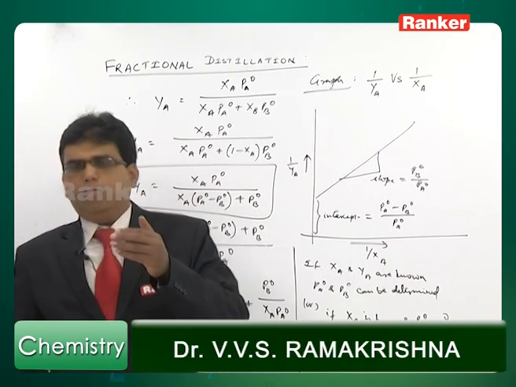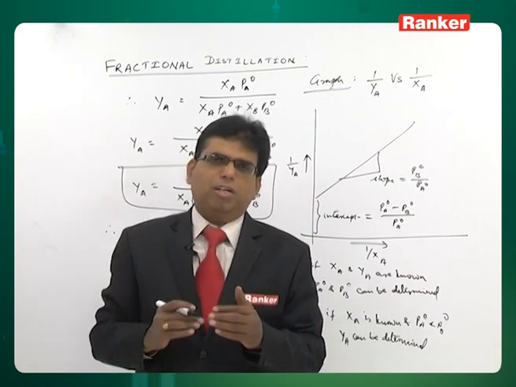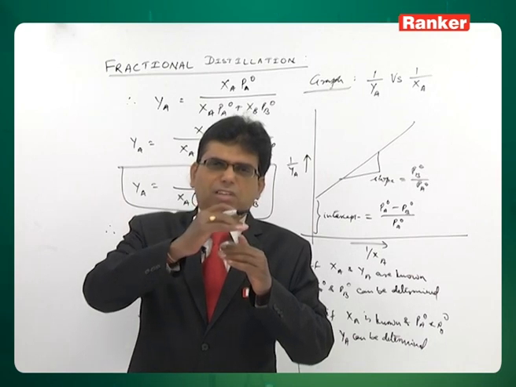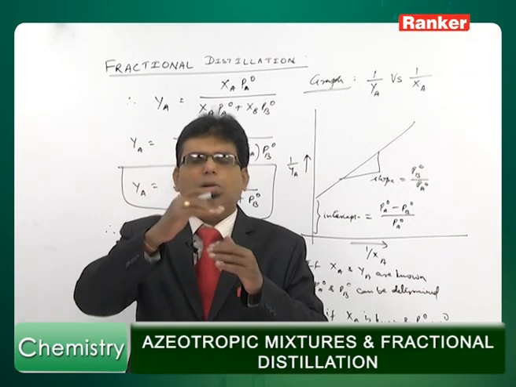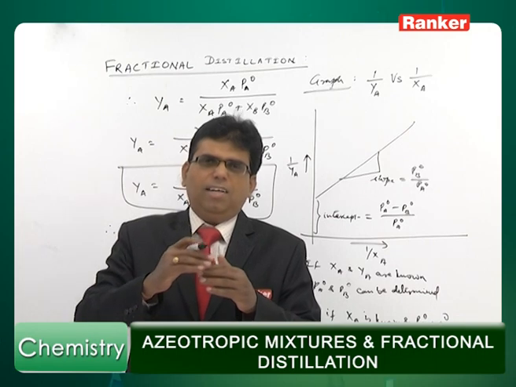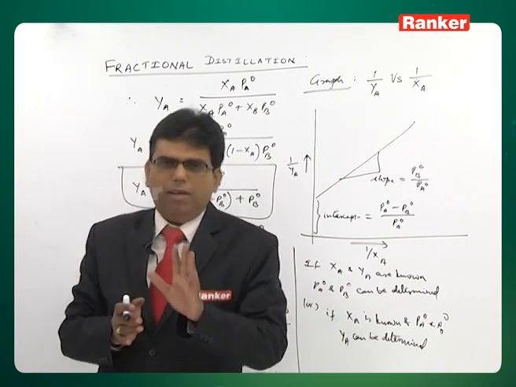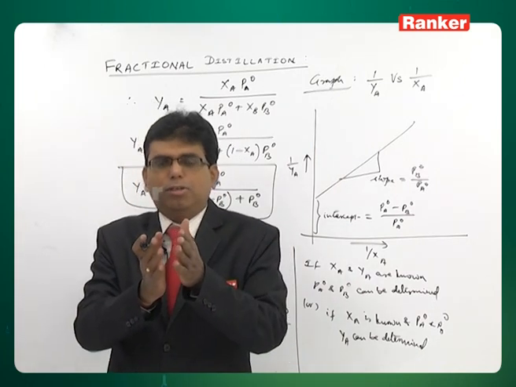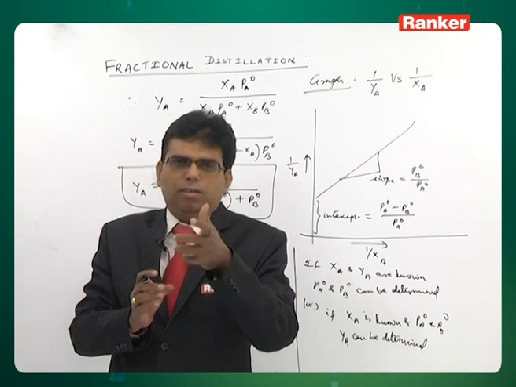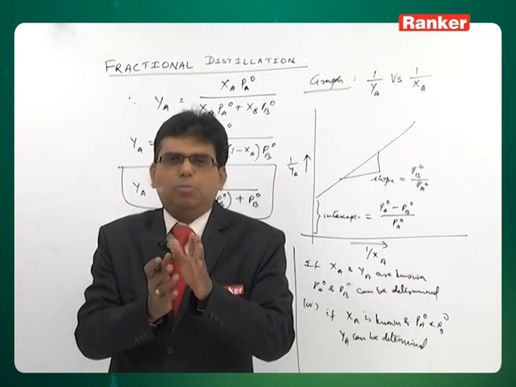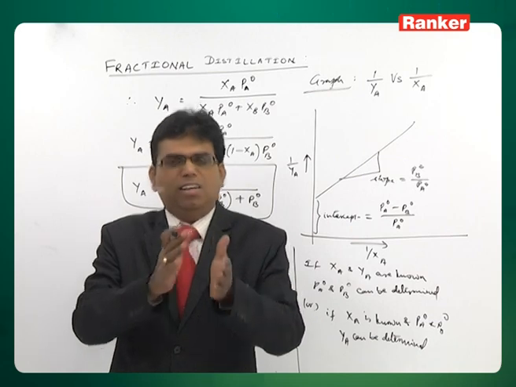When you take a mixture of two liquids A and B and subject it to distillation, as you keep increasing the temperature, the fraction of liquid A or B that is evaporated will keep changing, and the fractions collected at different temperatures will have different compositions of A and B. So, at any given temperature during fractional distillation, what will be the composition of A and B, or a given composition of liquid Xa and Xb will start boiling at what temperature? This is what we have to understand in our next discussion.